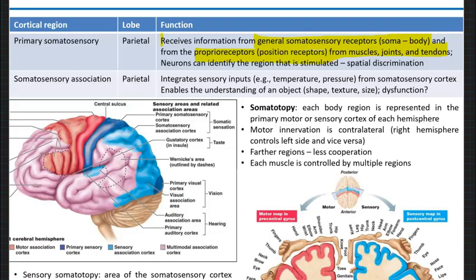Pain. So touch, pressure, pain. Vibration, right? When you touch ice, do you know that it's cold? Temperature. It all falls into somatic sensations.